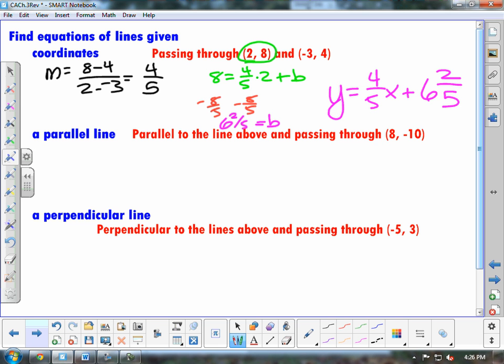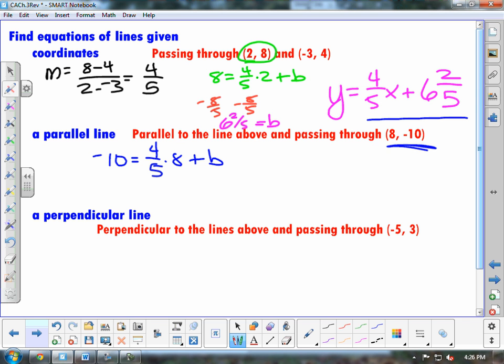Next one, finding a line parallel to this line here, but passing through the point 8, negative 10. So that means the slope has to be the same, and then negative 10 equals 4/5 times 8 plus b.